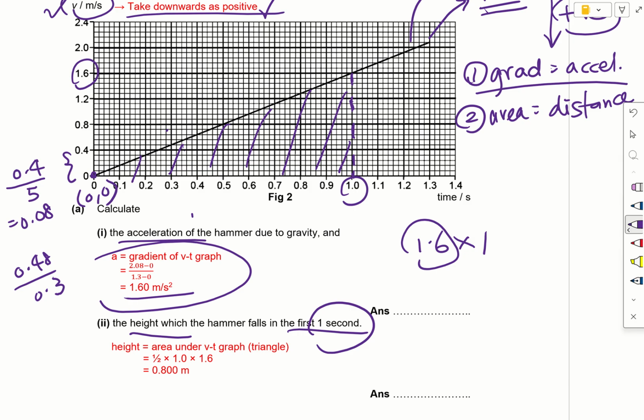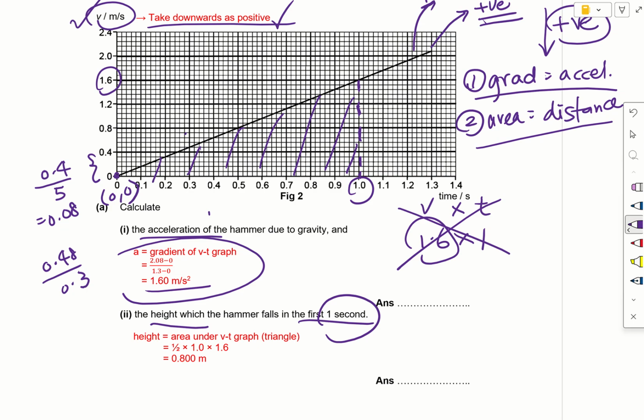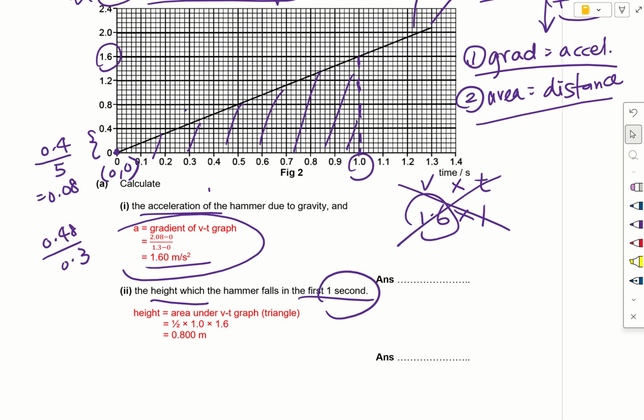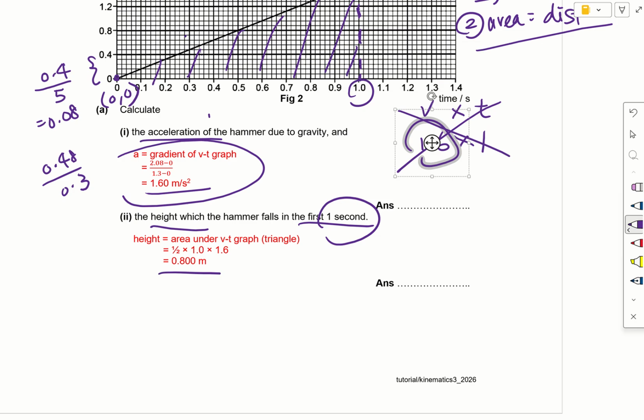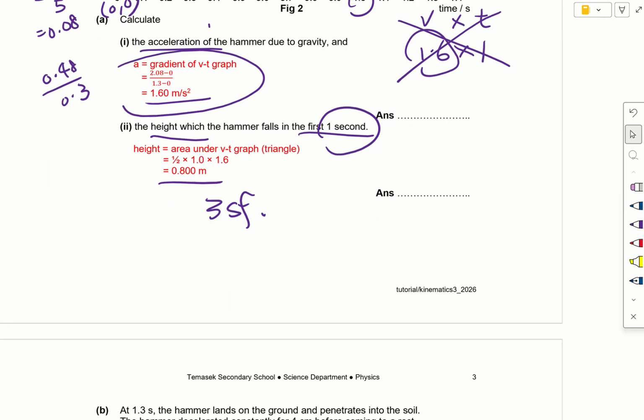Alright, so if you just take velocity times time, it is incorrect. Rather you need to use this concept. Area under the graph is the distance traveled, which actually is a triangle. So half times 1.0 times 1.6 equals to 0.800, I leave it to 3SF for my answer.